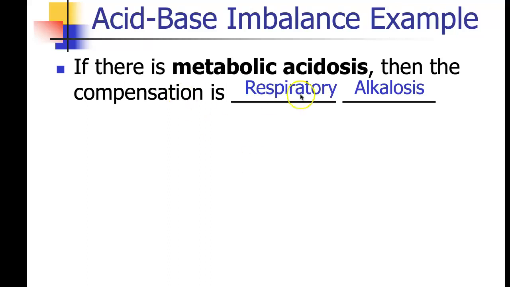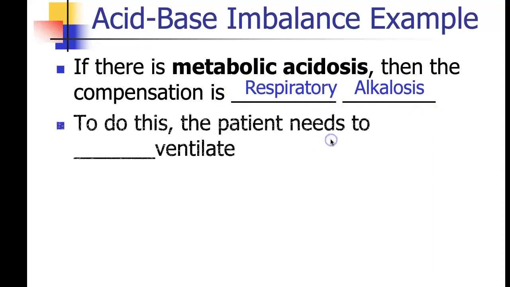So this is indicating that because of metabolism, you're getting too much acid, pH is dropping. You can compensate for that by respiratory alkalosis. How would you do that? You would increase your breathing rate to dump more CO2 from your breath. So hyperventilate is going to allow respiratory alkalosis to compensate for metabolic acidosis.